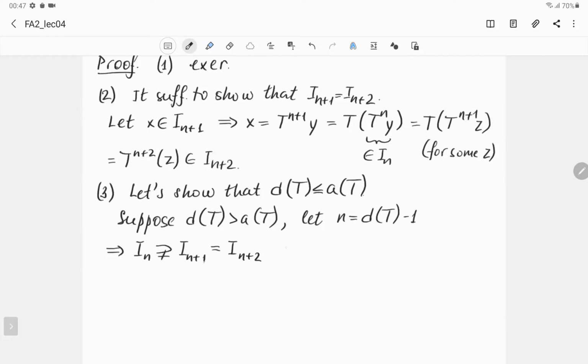And on the other hand, since we assume that the descent is strictly bigger than the ascent, this implies that K(T^n) equals K(T^(n+1)). Okay, so let's try to obtain a contradiction.